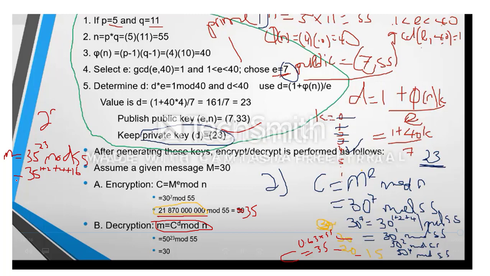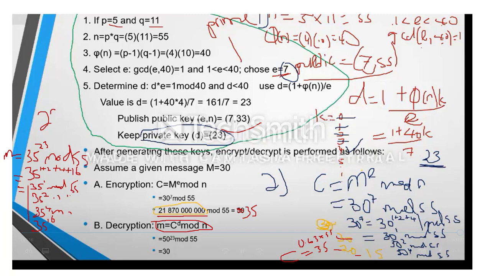Okay? I hope you're all following. Then you now say 35 independently. 35 to the power 1 mod 55. 35 squared mod 55. 35 to the power 4 mod 55. 35 to the power 16 mod 55 again, not 15 but rather 55.